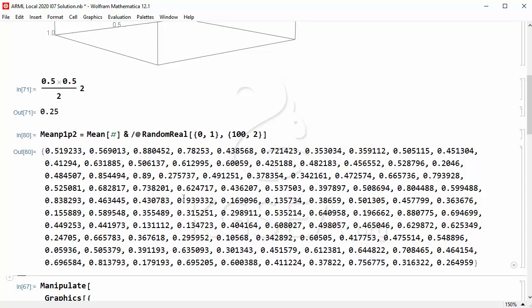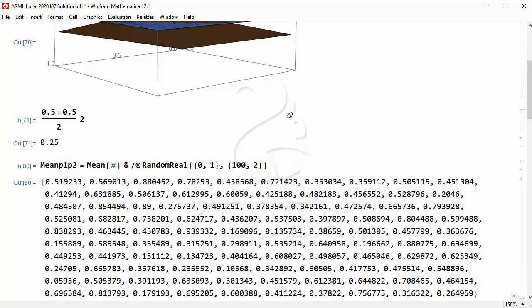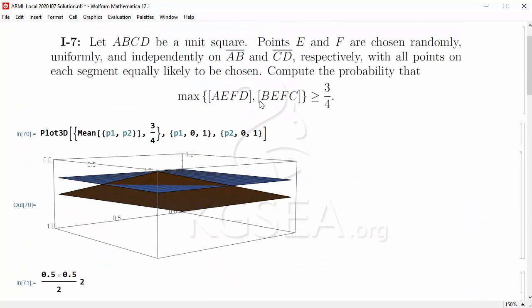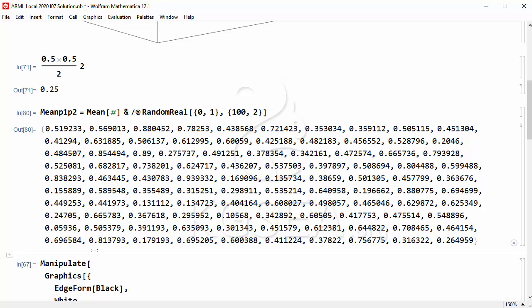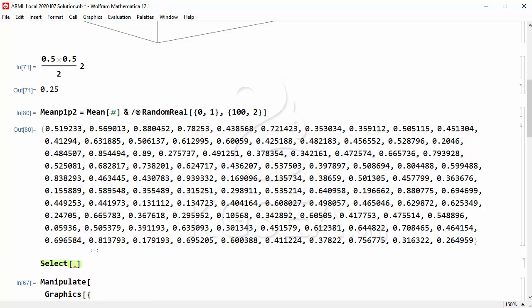So now the question is, how many of them are above 0.75, 3/4, or below 1/4? So let's select them. Of this mean of P1, P2, I want the number to be either less than 1/4 or larger than 3/4.